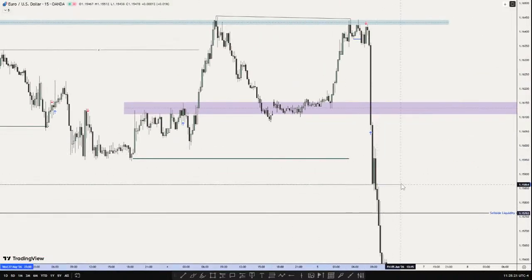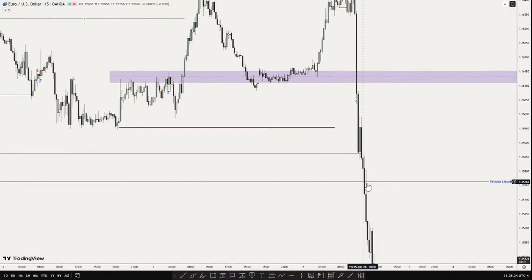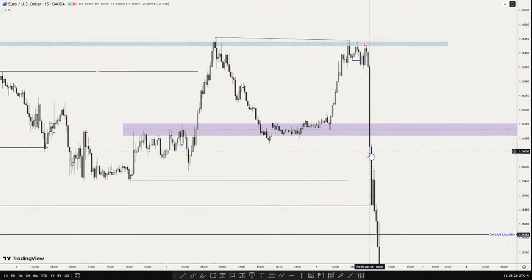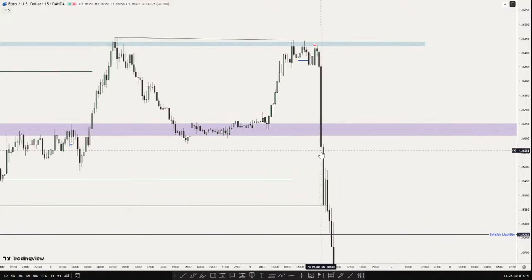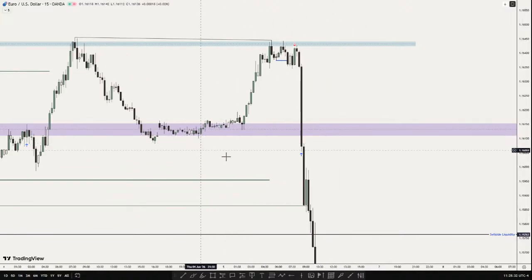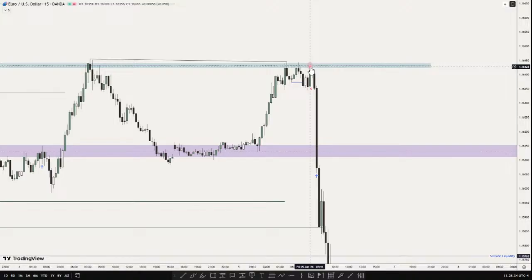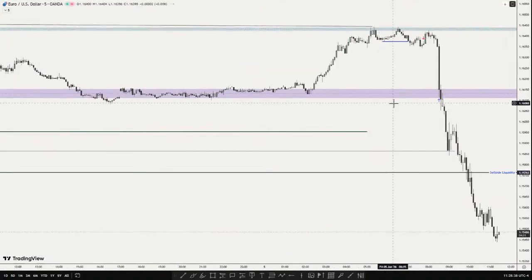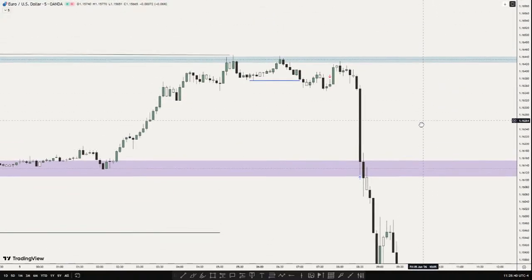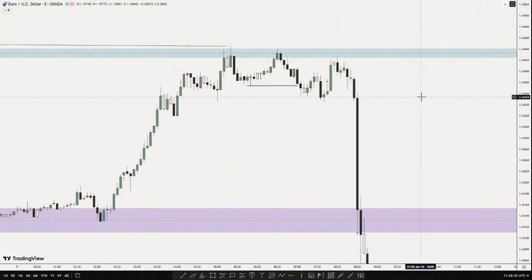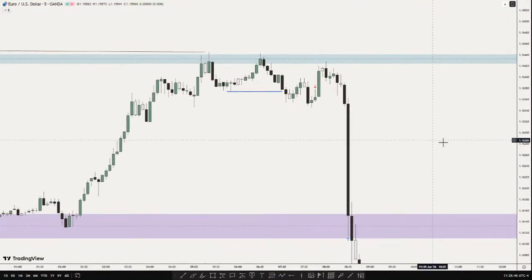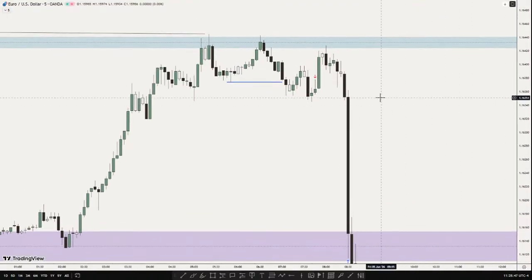So this was a more confident target, and this was also a more confident target, but the low hanging fruit was this new day opening gap. So I took this entry here also. There was no 5-minute confirmation here. This was just a clear 15-minute trade that I took. So these are the two entries.